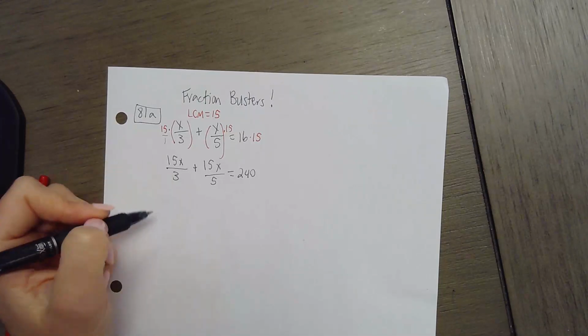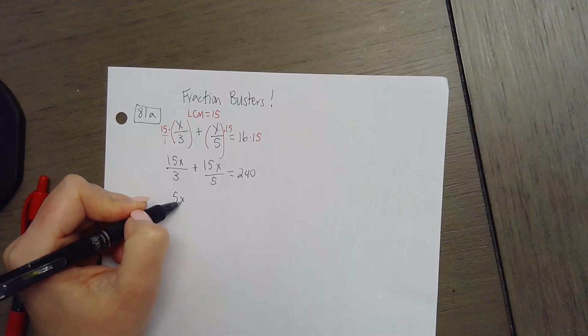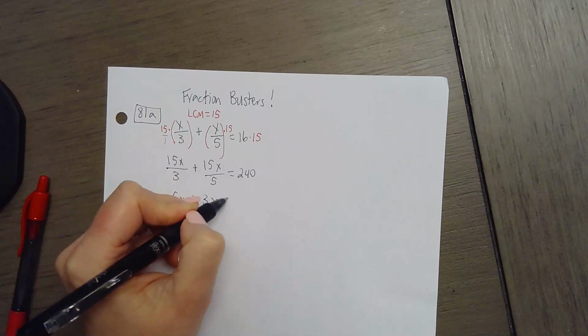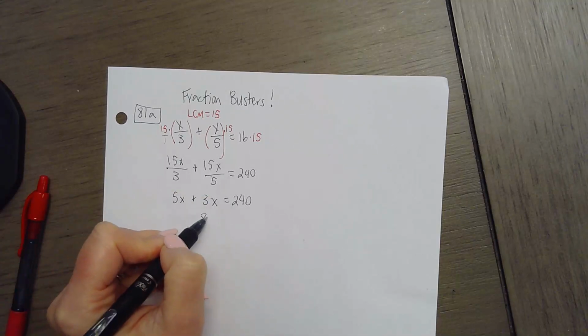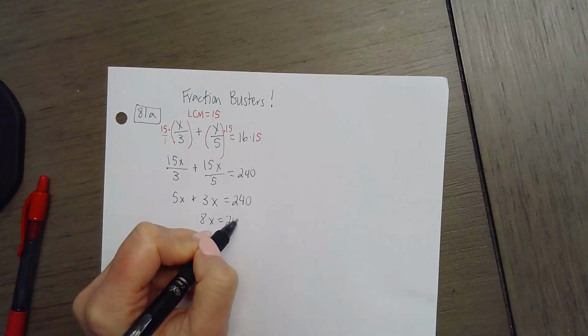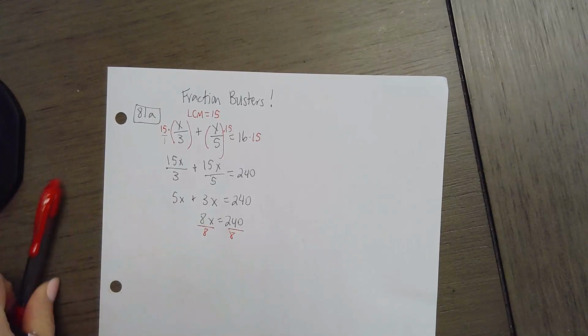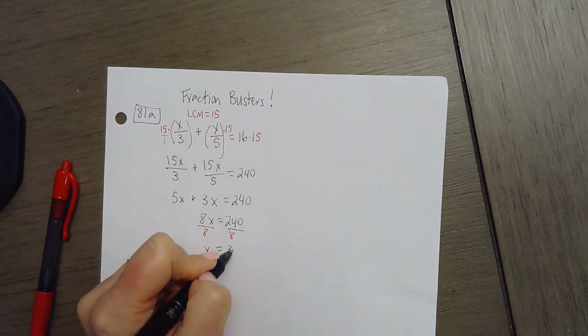Remember, fractions mean division, so 15 divided by 3 is 5, and 15 divided by 5 is 3, and then the other side stays the same, and then I add these together, and then the last step would just be to divide by 8, and I get x equals 24 divided by 8 is 3, bring down the 0.